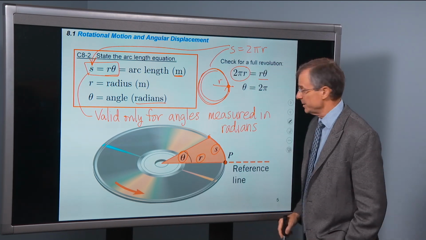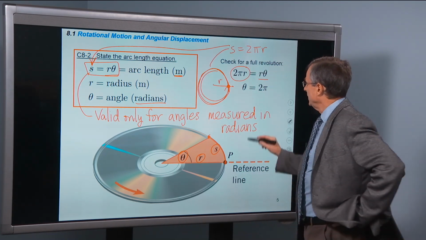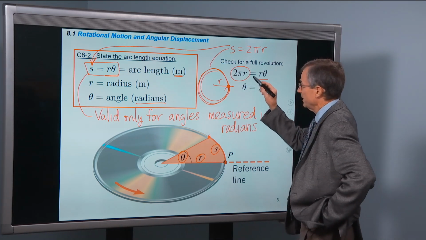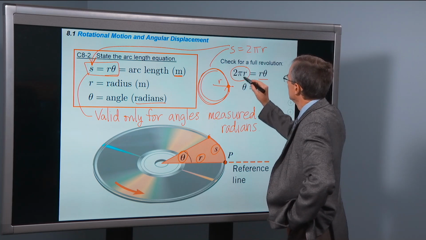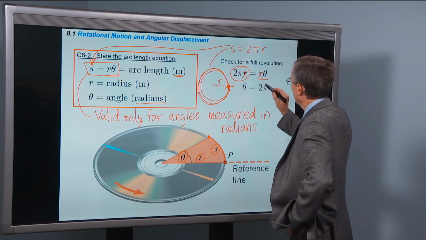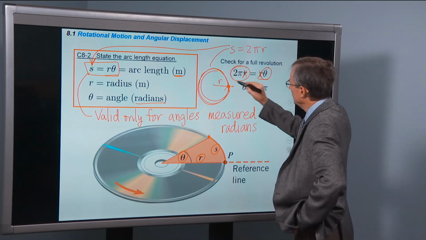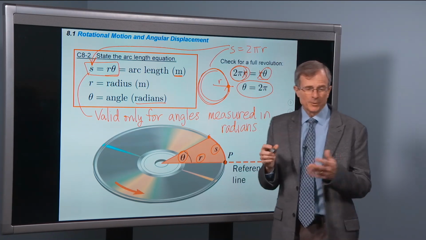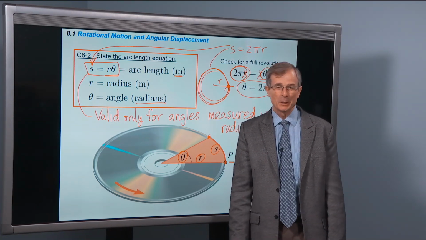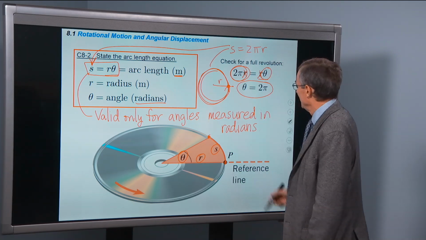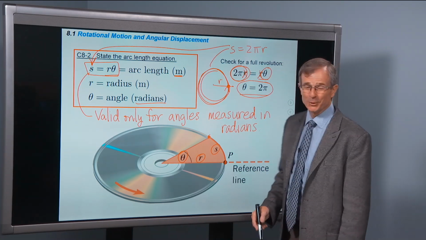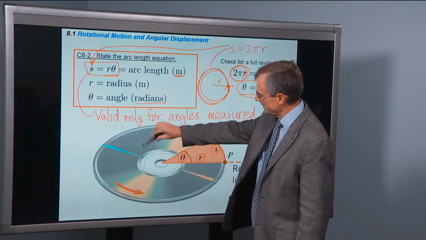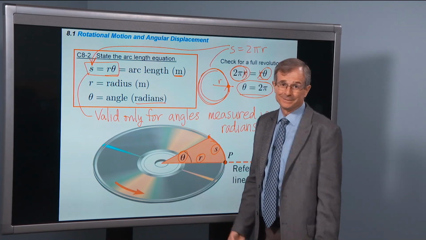So what does this equation tell me? Magically, the r's cancel. You can divide through by r, and that gives you theta equaling 2 pi. So this equation doesn't tell you anything you didn't know already, which is that a full circle means an angular displacement of 2 pi.